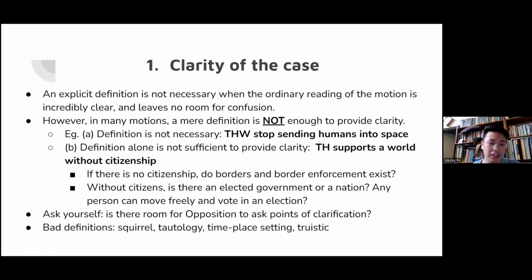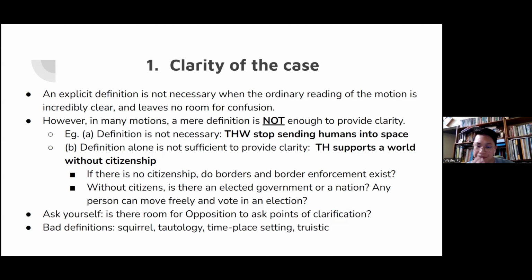But where a definition alone is not enough to provide clarity is a motion like this house supports a world without citizenship. So first off, maybe citizenship is something that you want to define because maybe your room is a bit unclear or you want to be clear about what citizenship is. But you don't think that definition alone is enough to win you a debate. Because what you want to ask when it talks about clarity is not the meaning of the words itself, but more how the words apply in the debate.